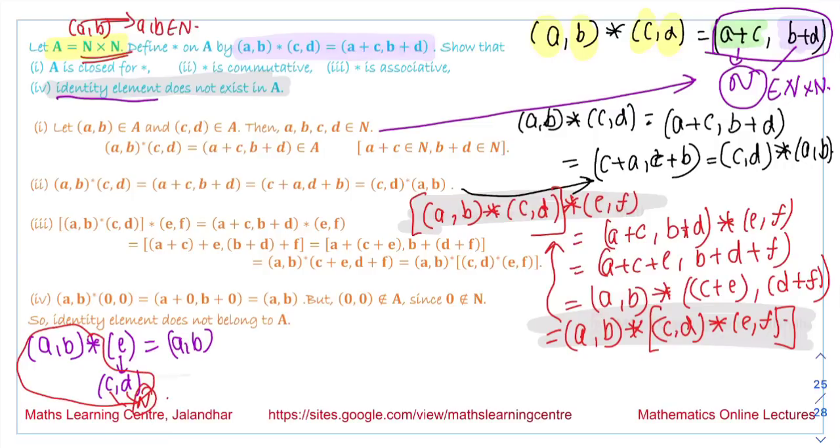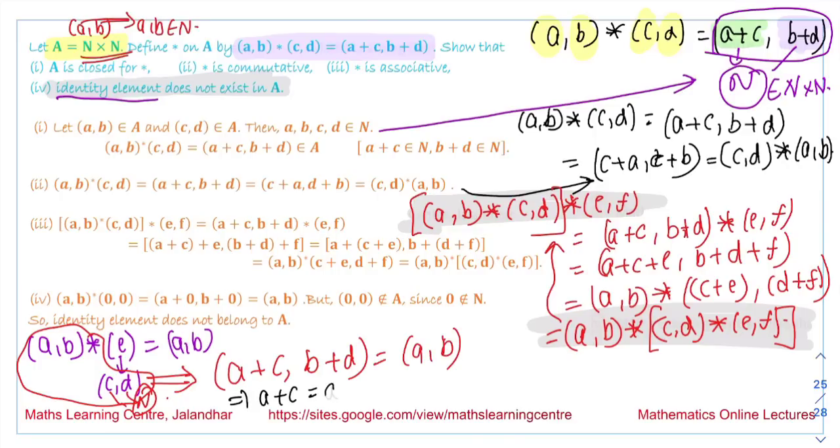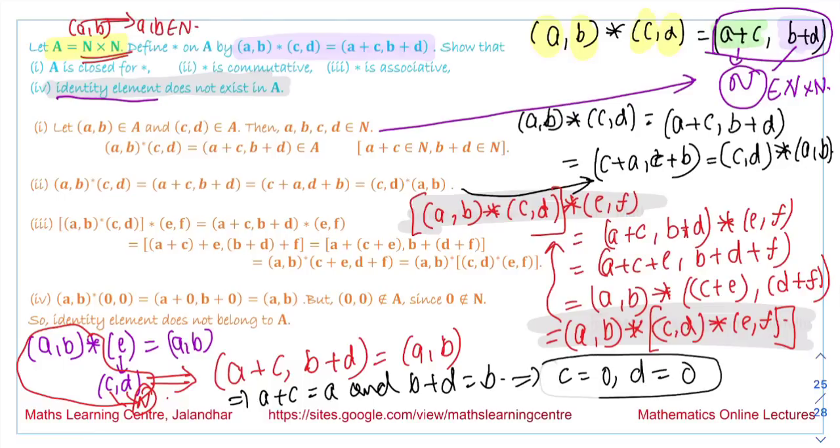So for this to hold, if we open these brackets by this formula, we get A plus C comma B plus D equal to A comma B. This implies A plus C is equal to A and B plus D is equal to B. So this gives us C is equal to 0 and D is equal to 0, and this is not possible because C and D are natural numbers.